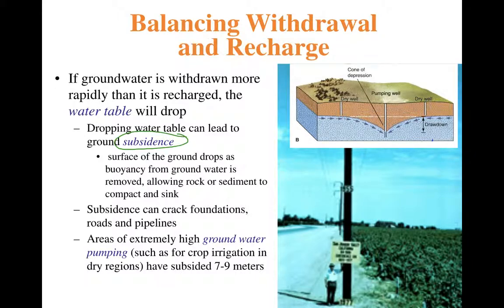After areas of extremely high groundwater pumping, such as for crop irrigation in dry regions, some areas have subsided 7 to 9 meters. So if we take away the water table underneath the ground, there's nothing there to hold the top layer of the ground up, and it sinks down.